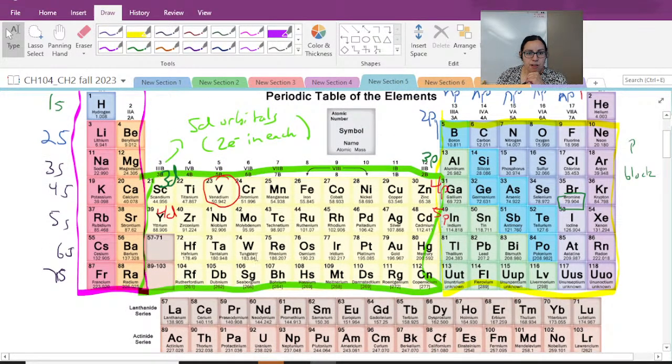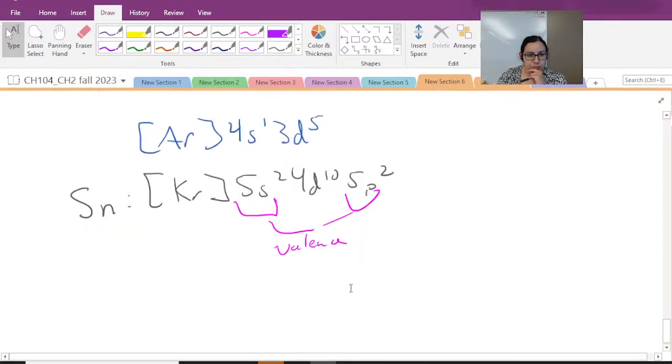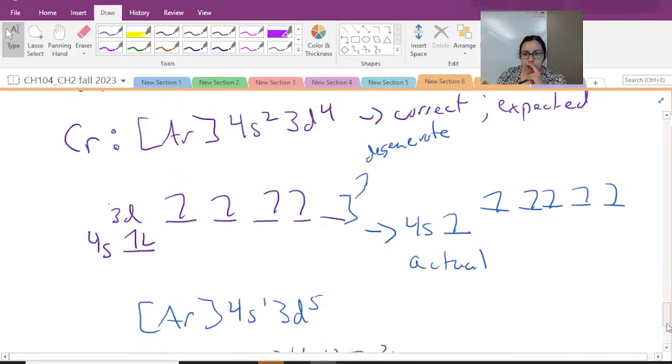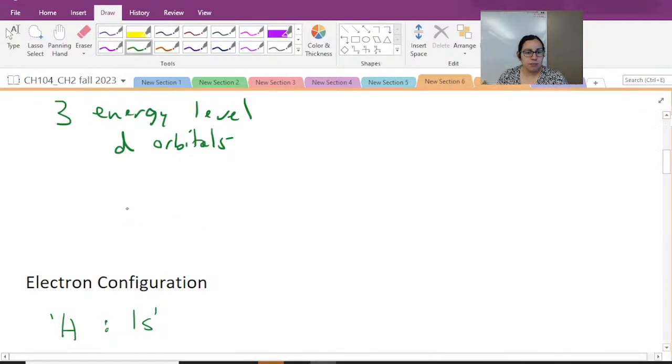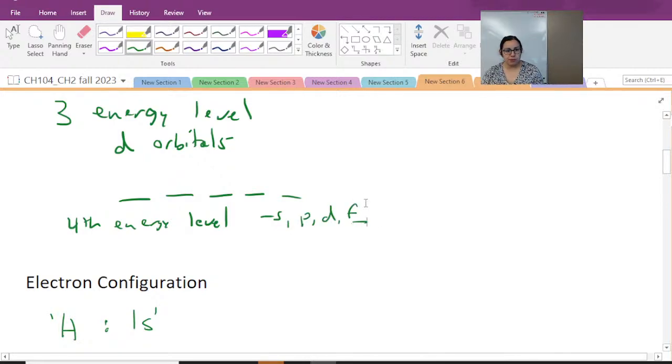We have our f orbitals, so let's talk about them. We said d had 5 of them. Now on our 4th energy level, we have s, p, d, and now f orbitals are invoked.